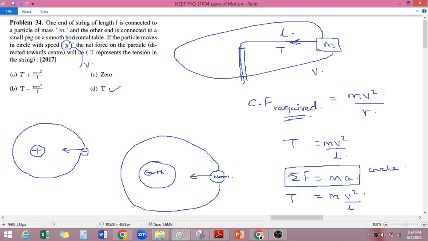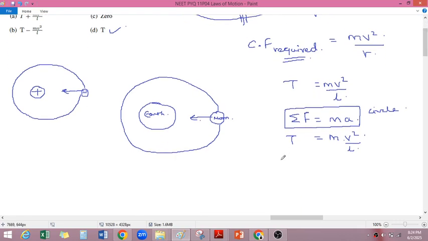But they ask what the net force is. Net force is the actual force, this is the cause. Remember I told you net force is the cause. Mass into acceleration is your effect. Acceleration is your effect. So cause and effect.